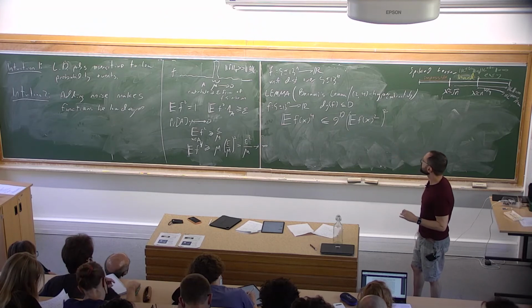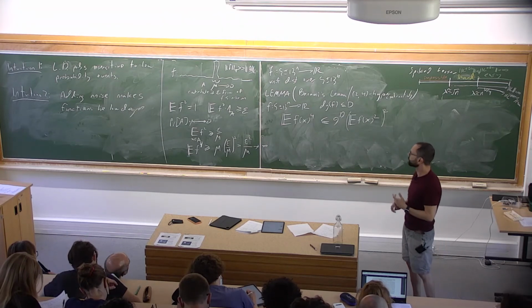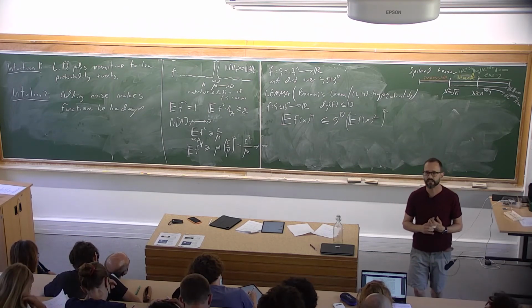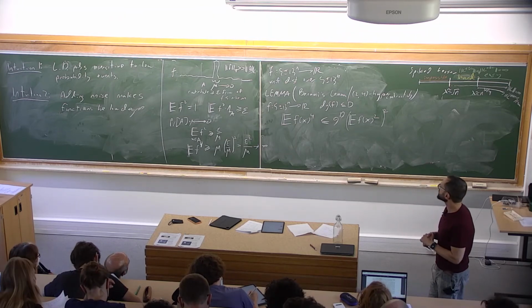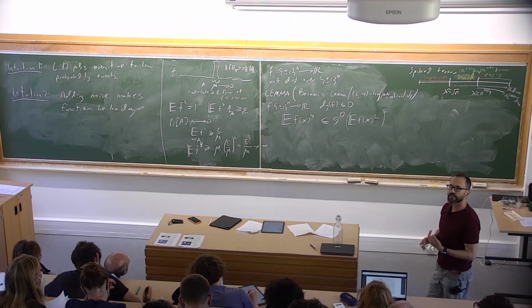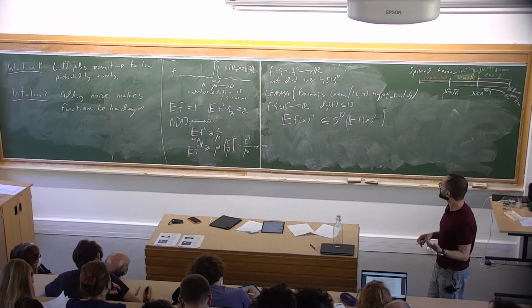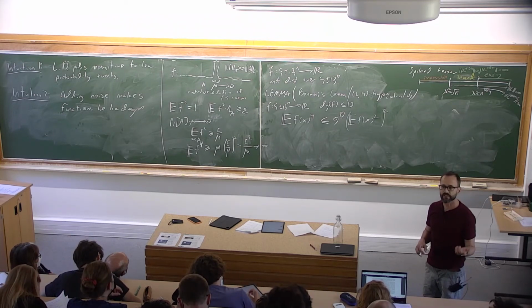So this basically says that if you think of d as constant, then low degree polynomials are not sensitive to low probability events.